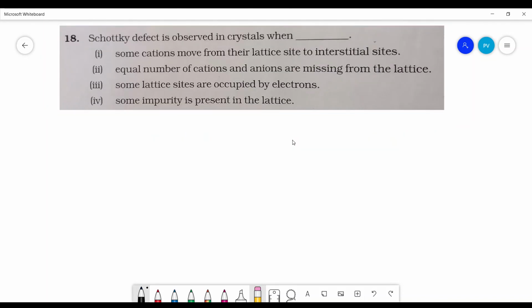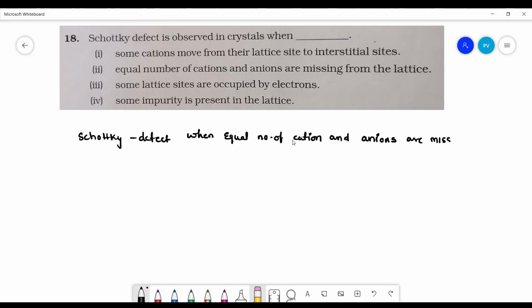Schottky defect is observed in a crystal when equal numbers of cations and anions are missing from the lattice.